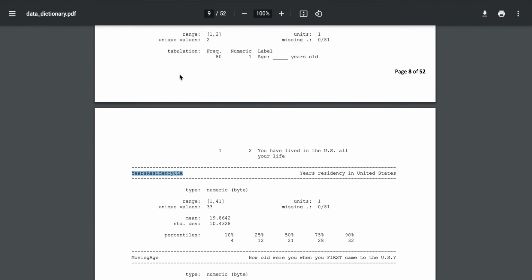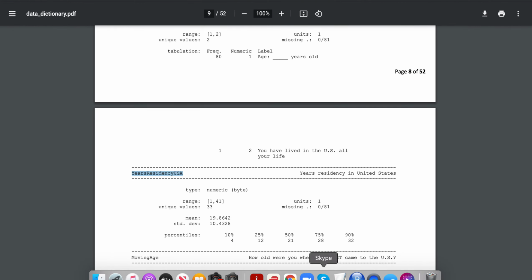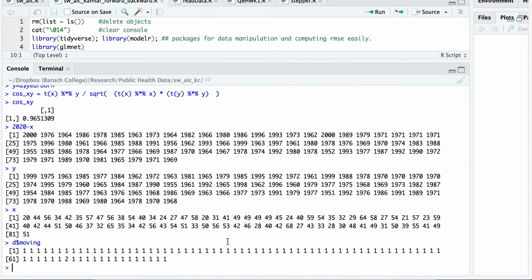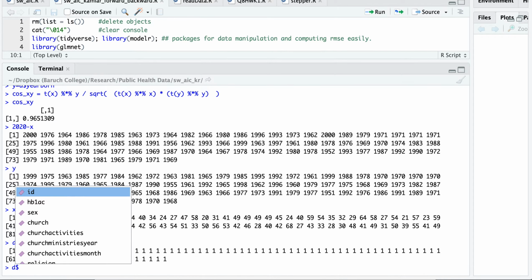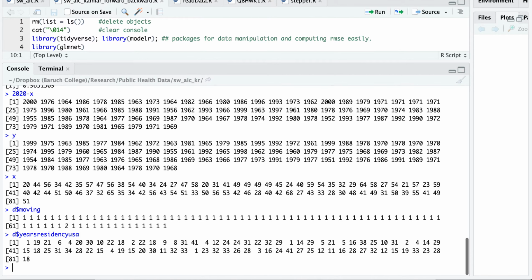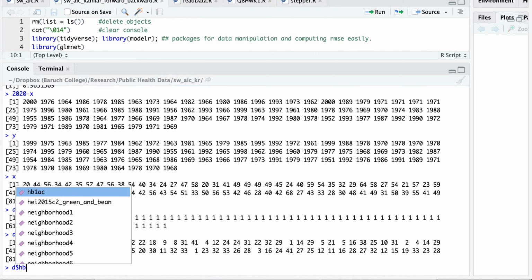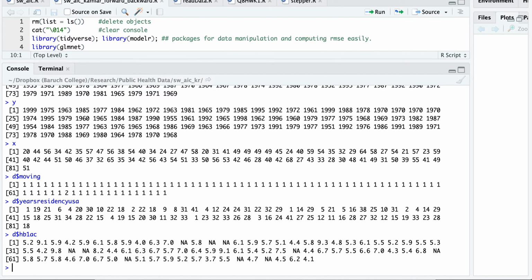Let's see. Years residence. You see, there's some variability, so we may hope that maybe there is some association between these numbers and the these missing ones.